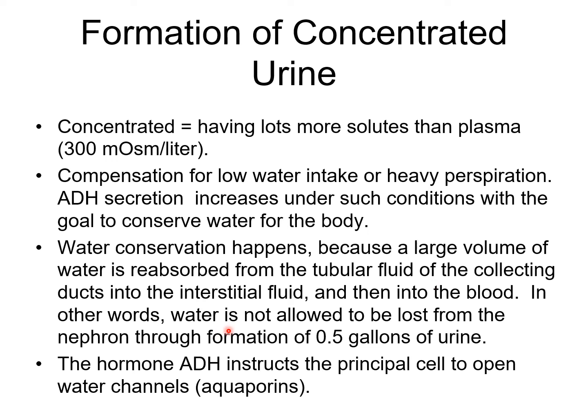So water will not be allowed to go into the urine. Concentrated urine is much smaller in volume, and therefore all that water that we're not peeing out is saved for our own body. Antidiuretic hormone is the major agent in this action.